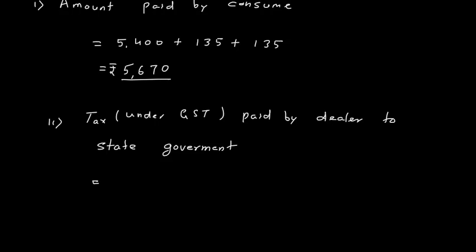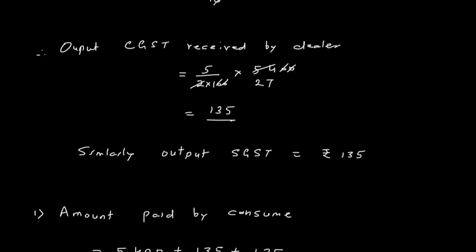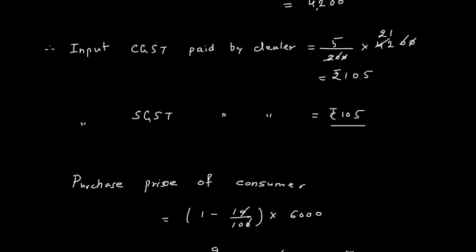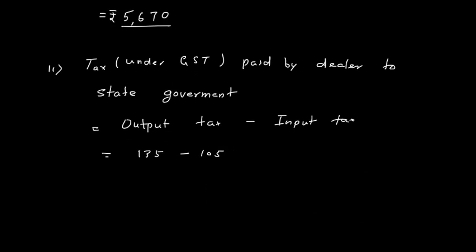It is output tax minus input tax. Tax is GST. So output is 135 and input tax is 105. So 135 minus 105 gives the answer as 30. So rupees 30 is the tax paid by the dealer to the state government.